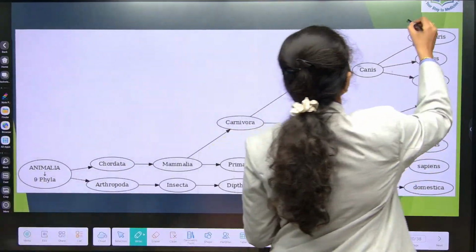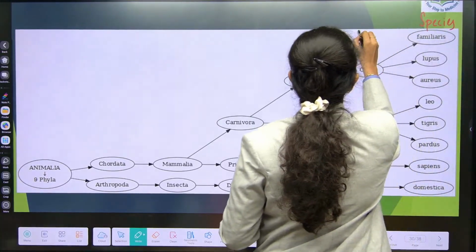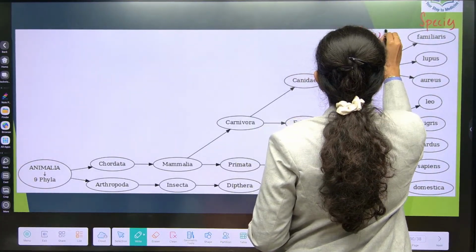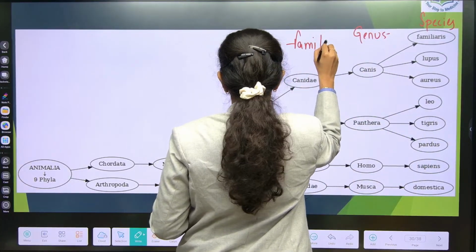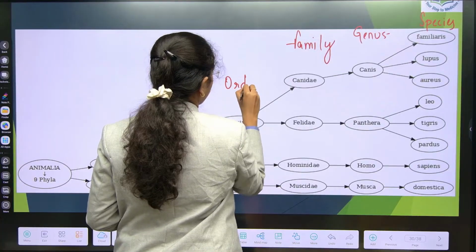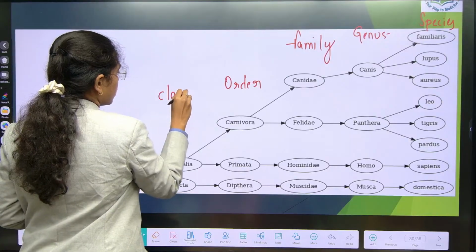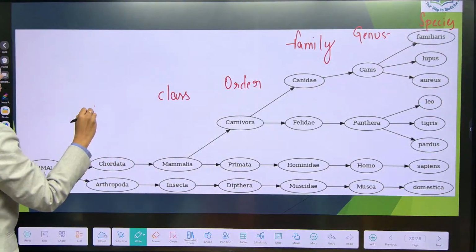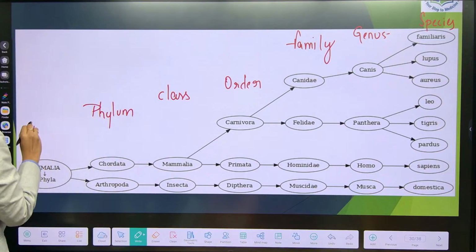This is species, genus or genera, family, order, class, phylum, kingdom.